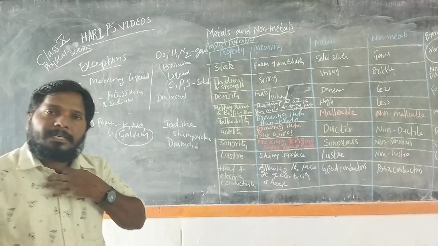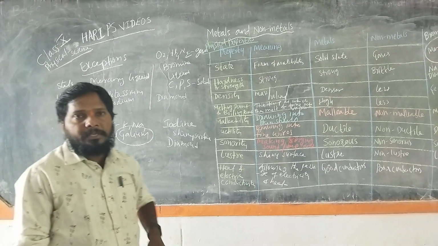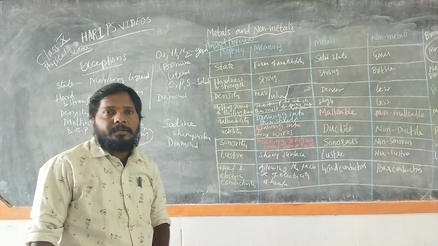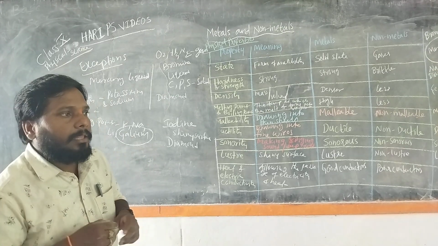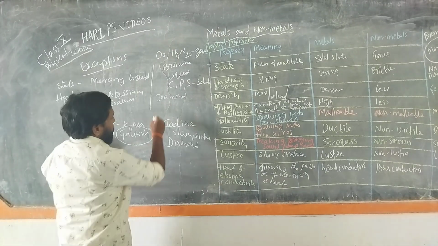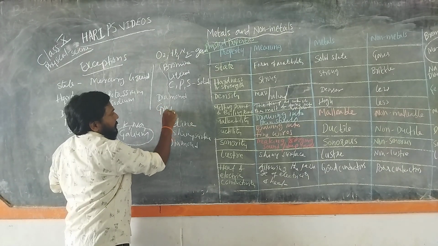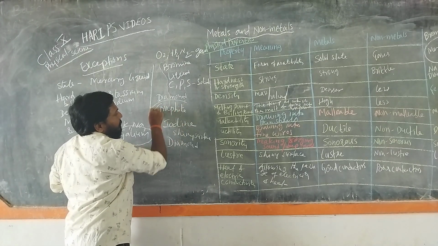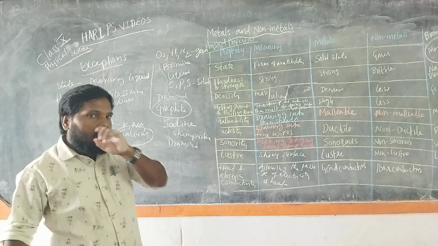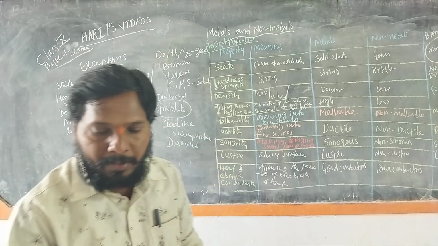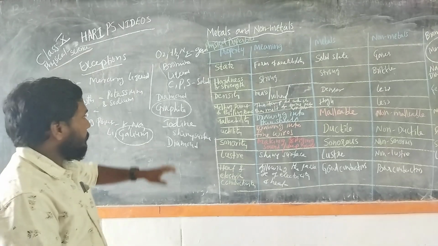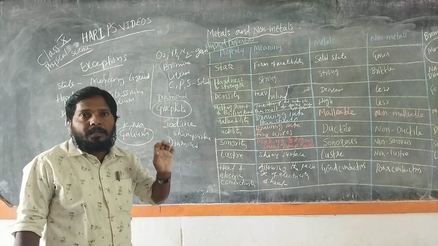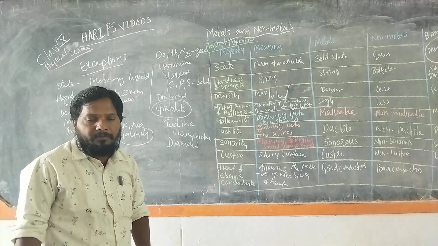In case of electrical conductivity, carbon is a good conductor. Carbon in the form of graphite, one allotropic form of carbon, is a good conductor of electricity.